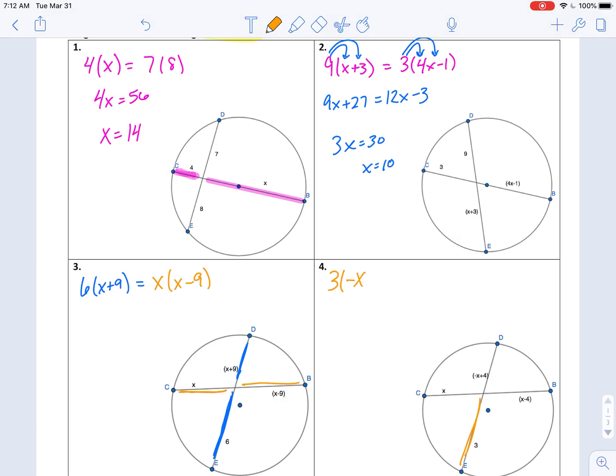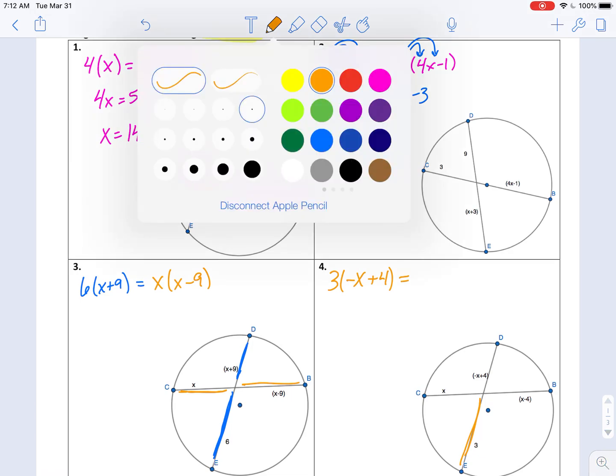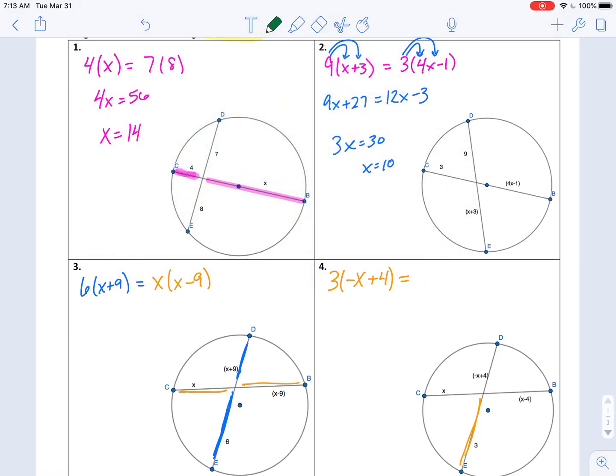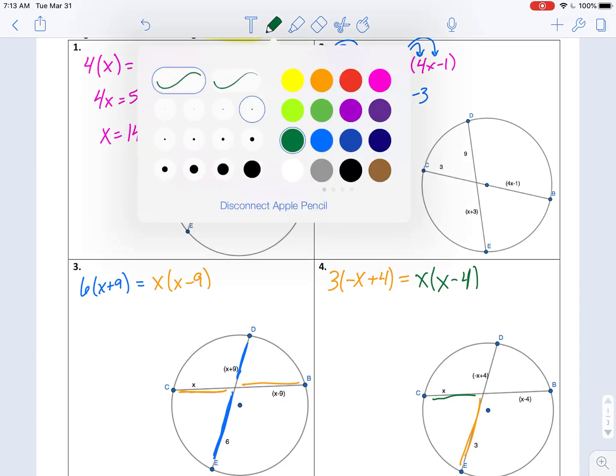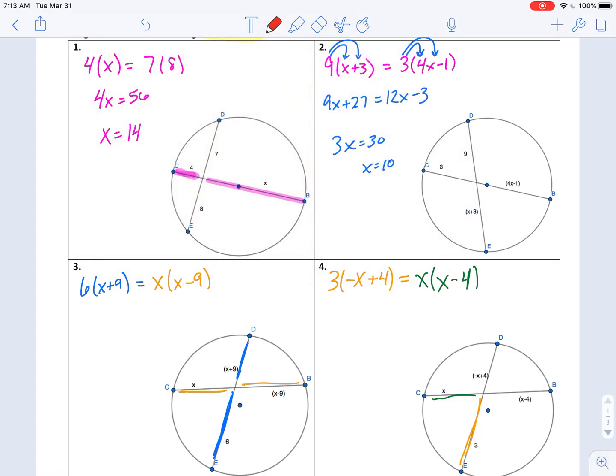So 3, what's the other part of that chord, is negative x plus 4. And let's do the second part. x times the other part of the chord, x minus 4. Okay, so once you've got this set up down, feeling pretty good about that.